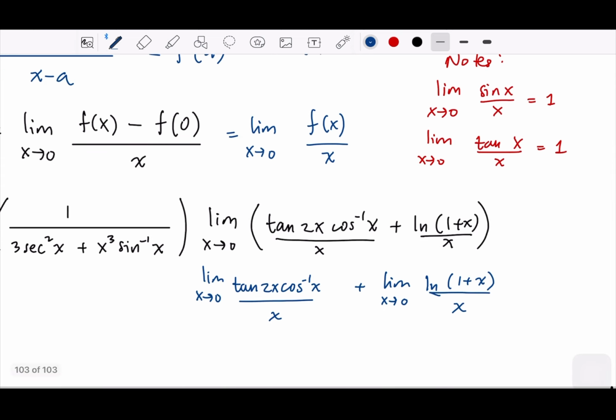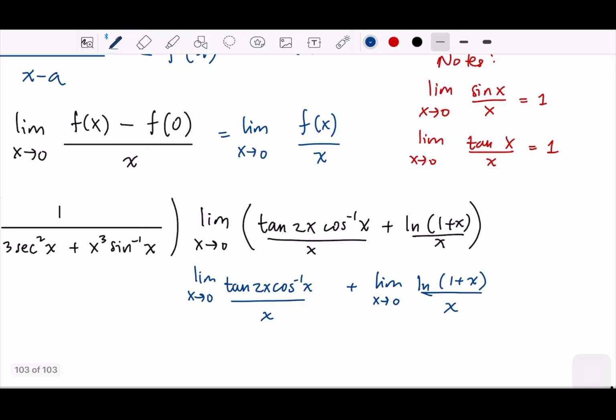Now, to make this tangent x over x equal 1, for the tangent 2x we need to multiply by 2 and divide by 2, so that this can be cancelled and it becomes 1. So we could take that.